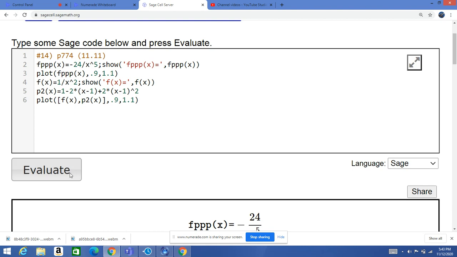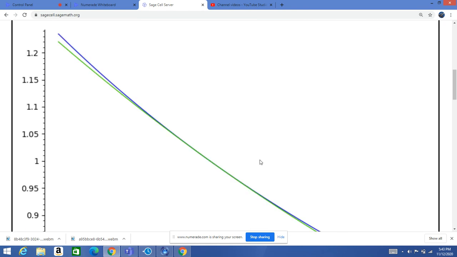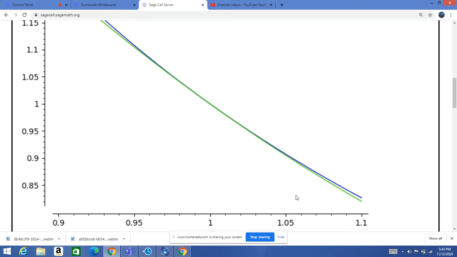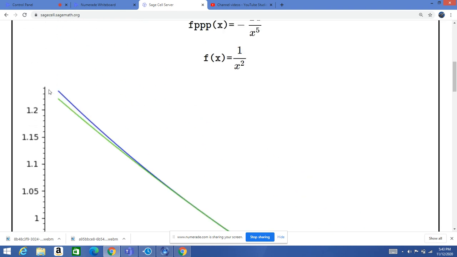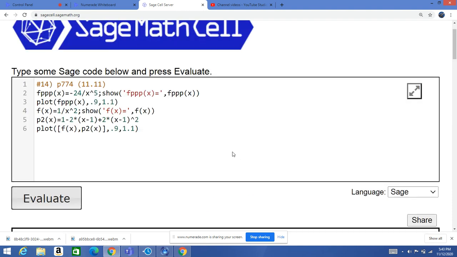All right. So let's see. It looks like it's pretty divergent. It's pretty bad at 1.1. It's a lot worse at 0.9. So what is the error term? Let's show that the error in absolute value is less than, okay, so now what is it?